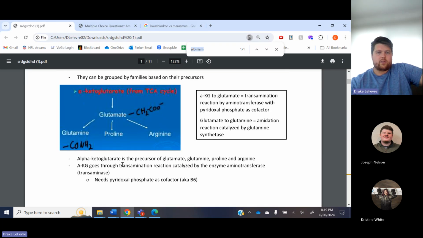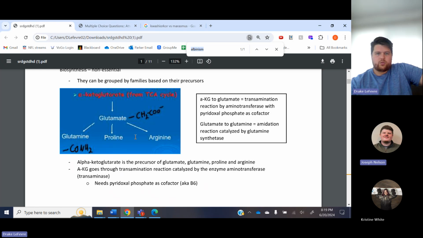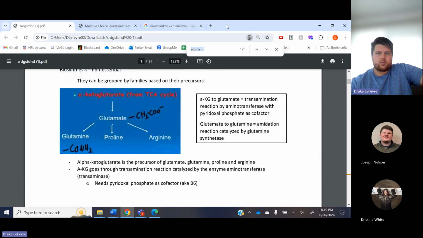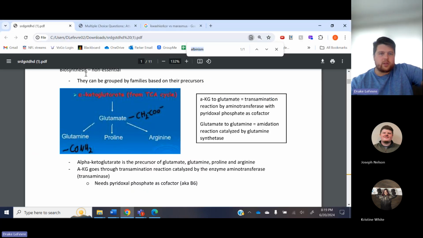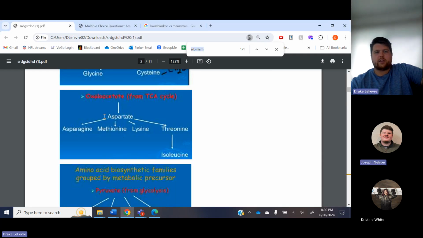Aspartate is what we're looking for. Oxaloacetate should be here. Oh yeah, I see it. There it is. Aspartate. Yep. I just can't read.